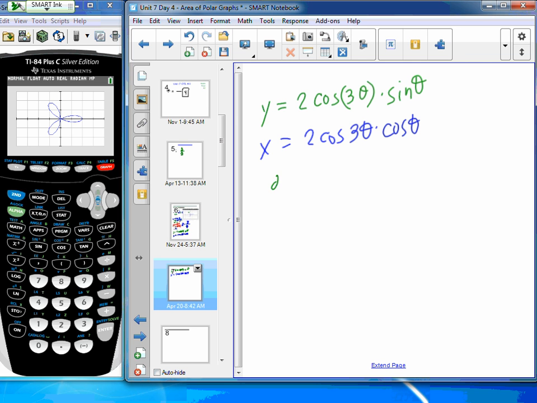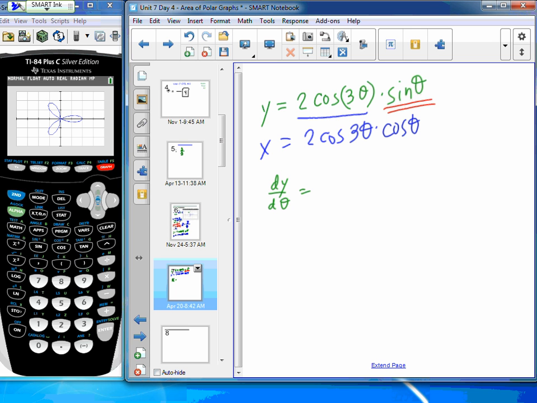So dy d theta is the derivative of y, and that's given by a product, right? The derivative of a product of two functions. I'm going to go ahead and do that as first and that as second. What do you guys think? Can we do it? Let's do it.